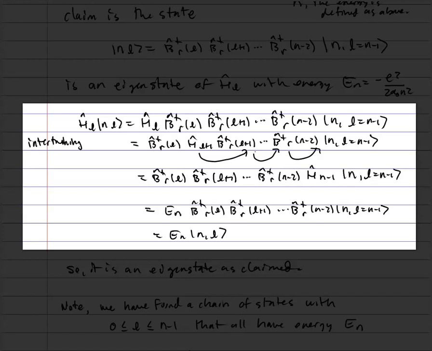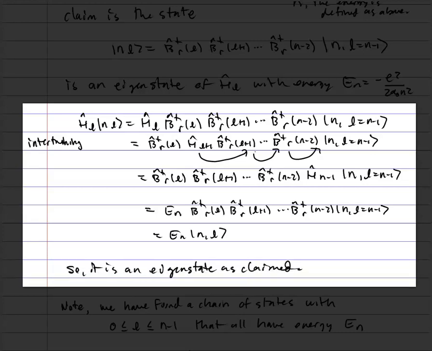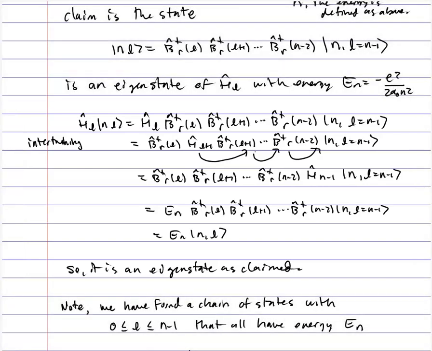So it's an eigenvalue-eigenvector relationship, and it's an eigenstate of the Lth Hamiltonian with an eigenvalue given by E_n. So we've found this chain of states for all L going from 0 out to n-1, and they all have energy E_n. I just want to point out in the case where L is equal to n-1, there are no B dagger operators. We just start with the state |n, L = n-1>.